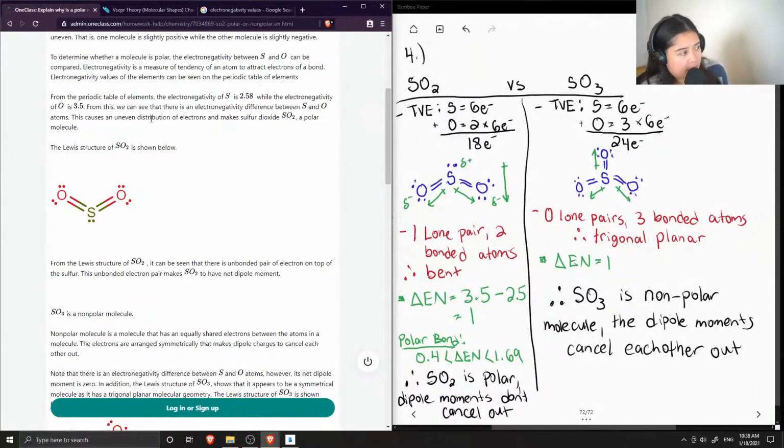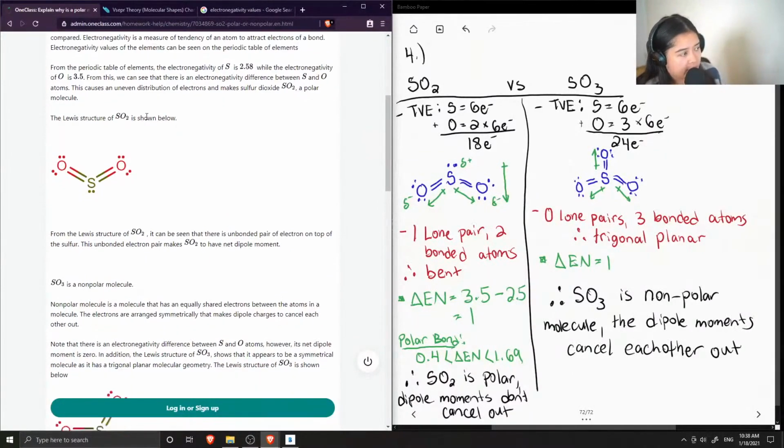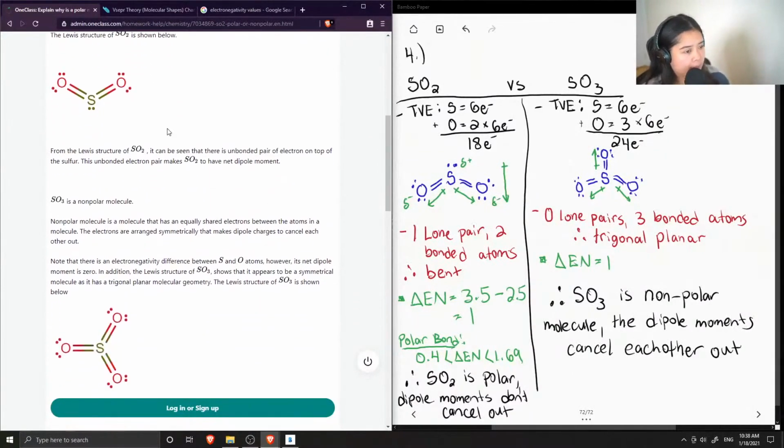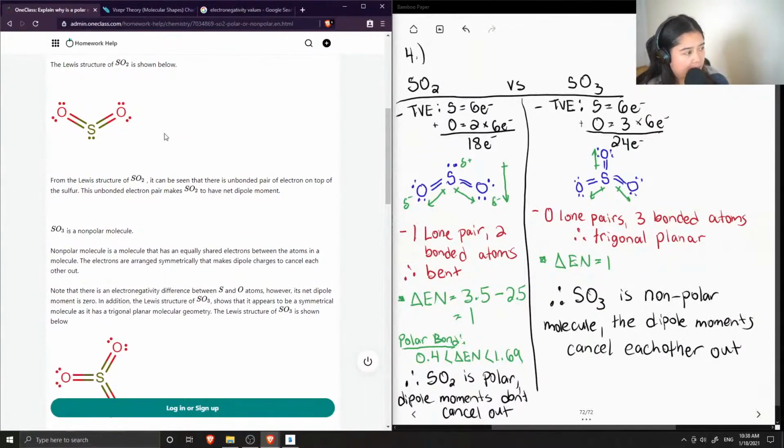So this causes an uneven distribution of electrons and makes sulfur dioxide a polar molecule. The Lewis structure of SO2 is shown below. Okay, so they got the same structure, and it can be seen that there's an unbonded pair of electrons on top of the sulfur. This makes SO2 have a net dipole moment.